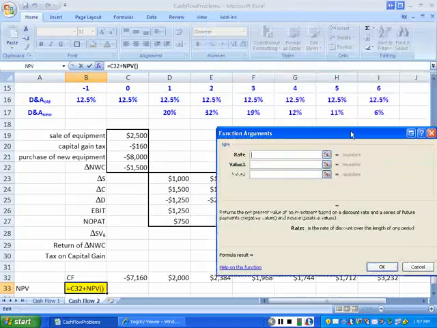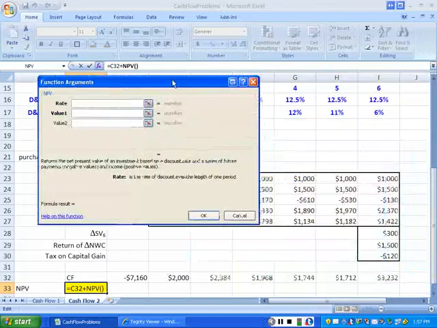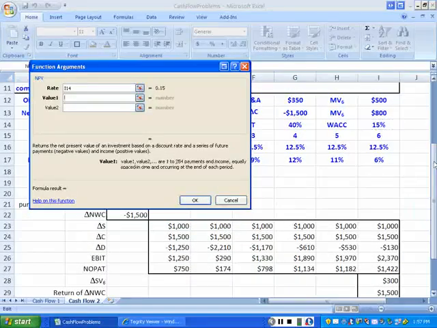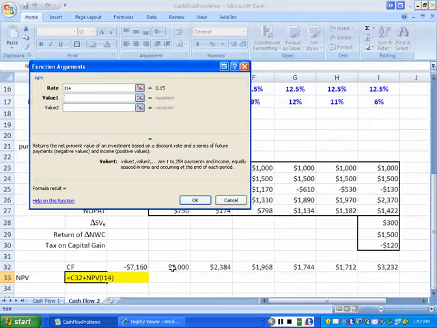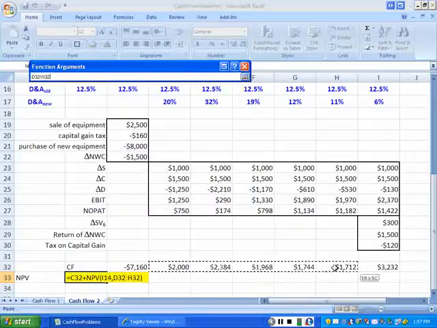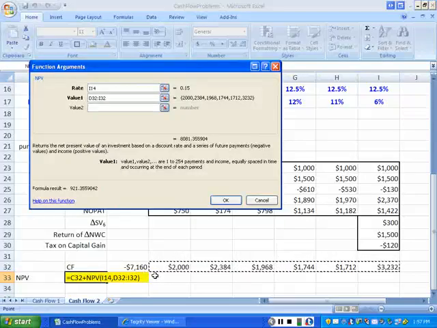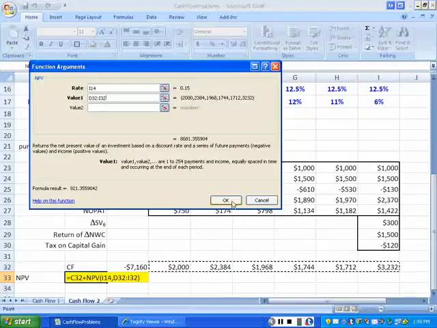The NPV function says, well, let's evaluate that at rate, that is our weighted average cost of capital right here. And for the values or the cash flows from time 1 all the way through time 6. And so we're asking, is it worth paying $7,160 to get a value of over $8,000?